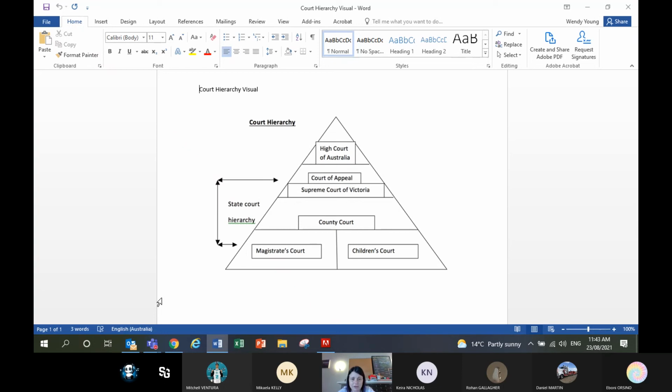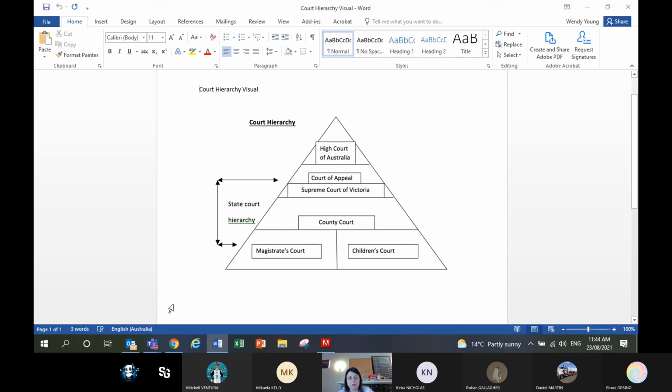So you need to know which courts we start off at, Magistrates Court, Children's Court, and ending right at the top of the High Court of Australia. You do need to know the placement of each court, although you're not physically going to be drawing it, because the test will be online, you're going to have to know how to label it.